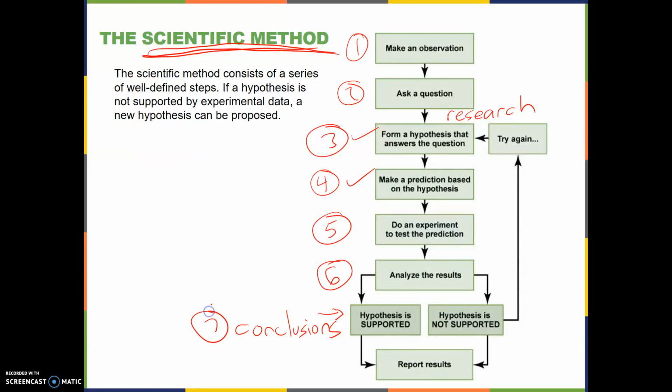which is step 7. And that conclusion will either be that the hypothesis is supported by the results or it is not supported. Then step 8 would be to report the results. Depending on whether this was an experiment that you just did at your house, not for a scientific journal or a university level, you might report the results to your family or to yourself.